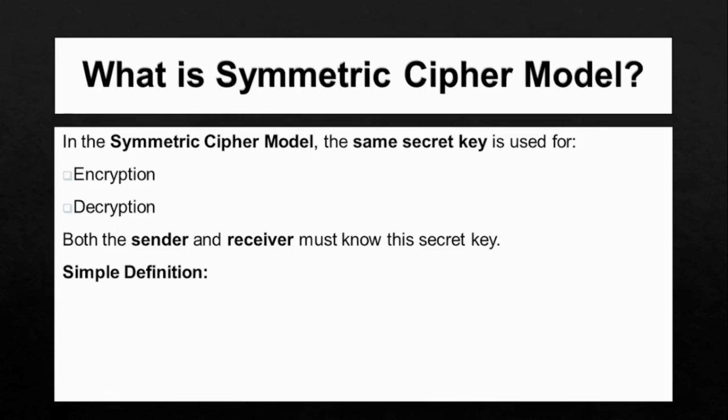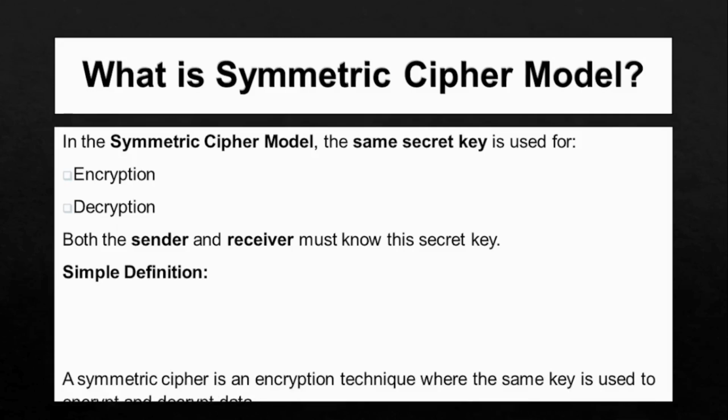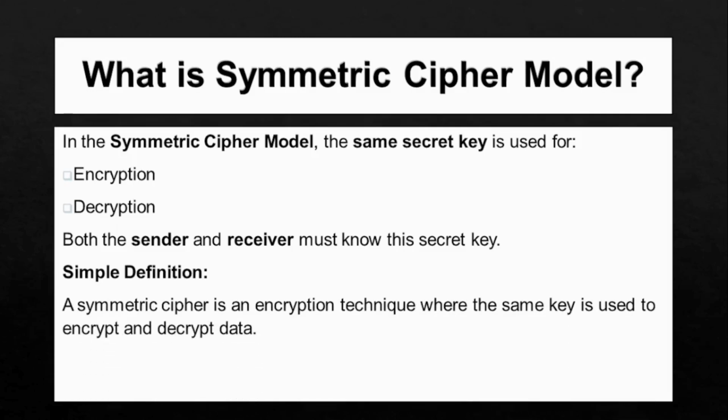Since only one key is used, this method is called symmetric encryption. In simple terms, the symmetric cipher model is an encryption technique where the same key is used to encrypt and decrypt data.